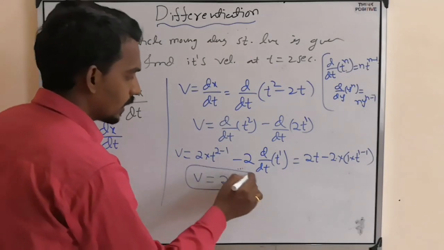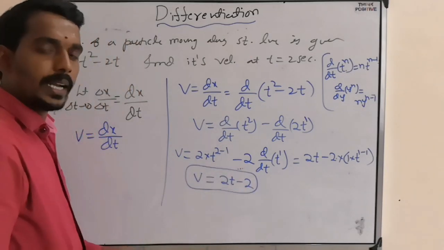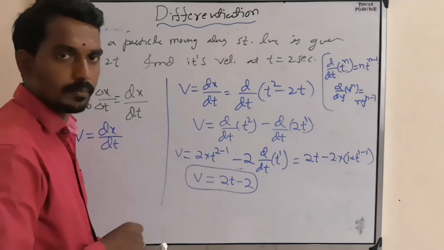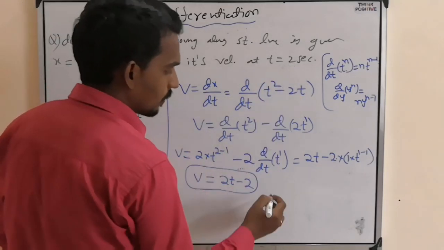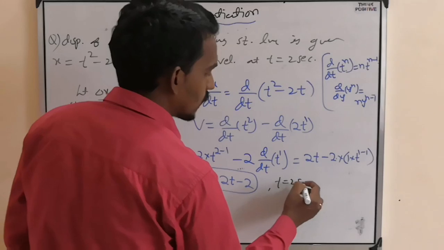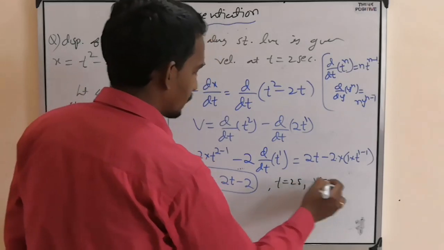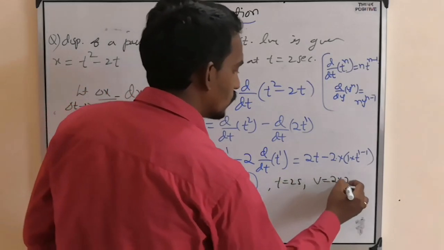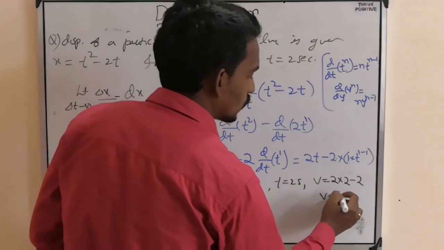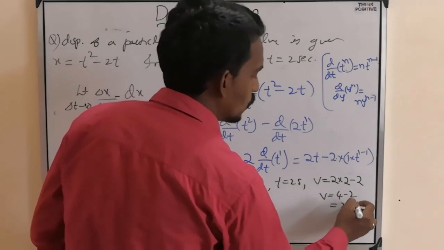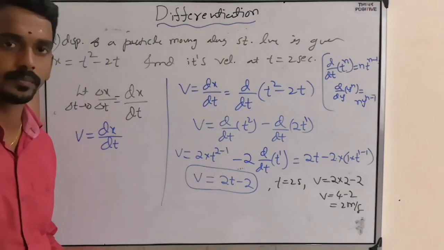Now this is the instantaneous velocity at any one time. But they are asking at what time? At t equal to 2 seconds. Substitute. So 2 into 2 minus 2 equal to 4 minus 2, 2 meter per second.